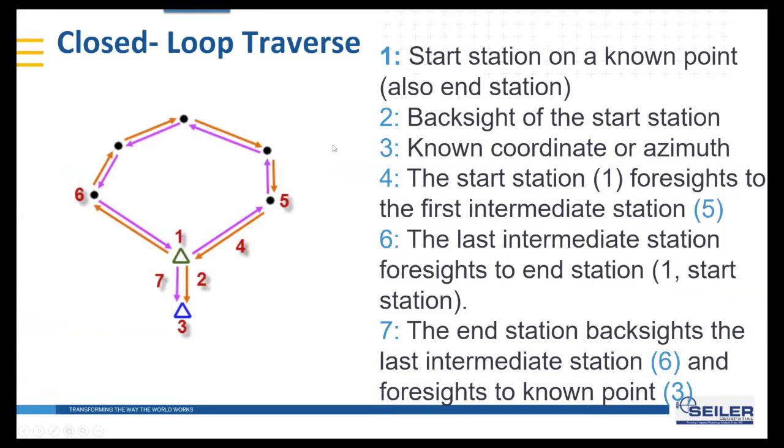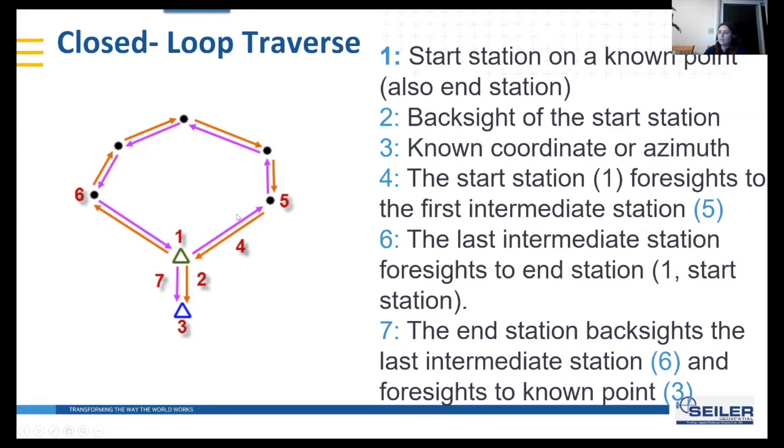basically something like this, and it's closed loop traverse. So our start station is station 1, and it's on a known point. And there's a backside of the start station, it's number 2. And there's a known coordinate on our azimuth. And you will see the start station foresights to the intermediate station 5.